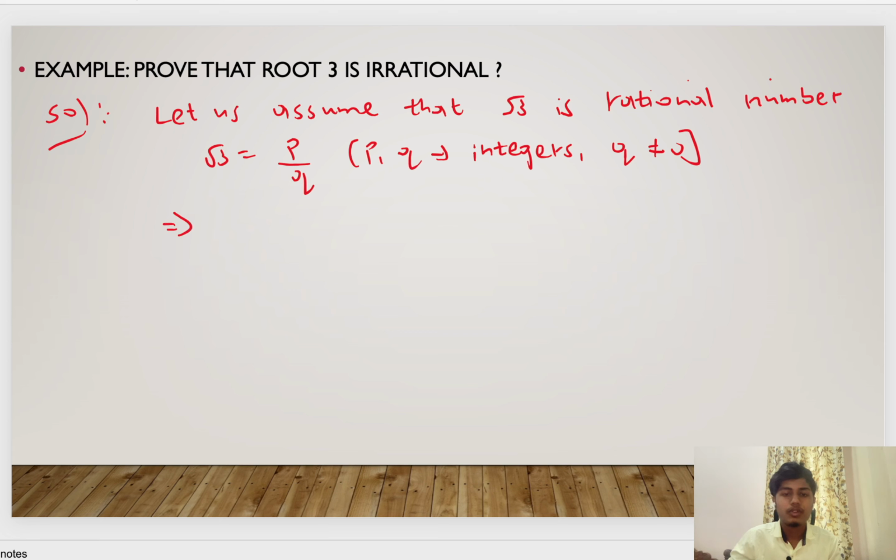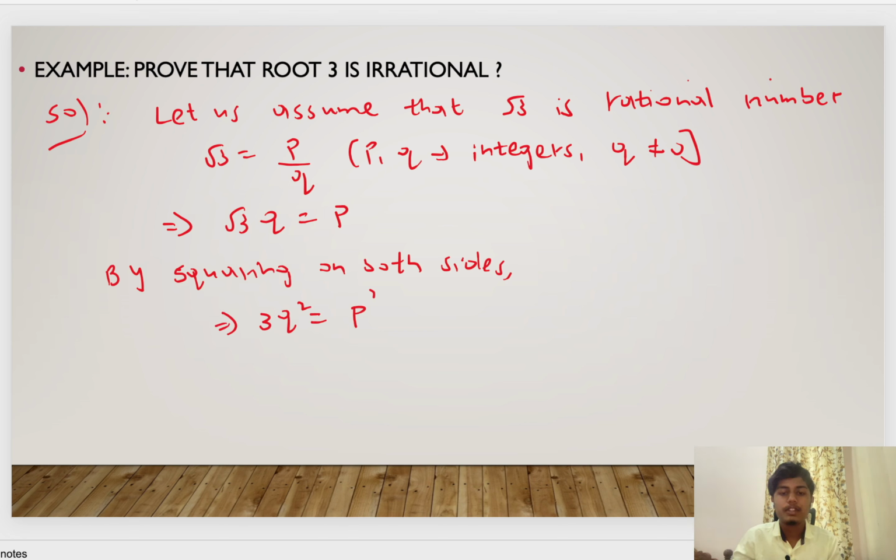So root 3 q is equal to p. By squaring on both sides, 3q square is equal to p square.